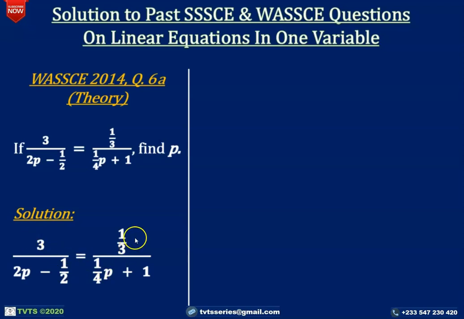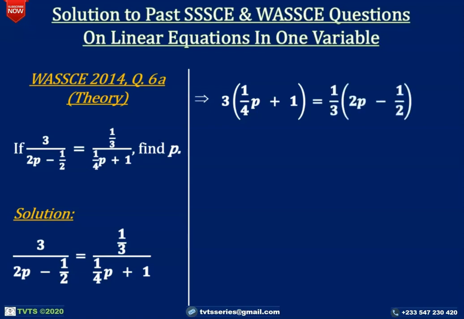Let's first cross multiply in order to get rid of these fractions. So we have 3 into bracket 1/4 of p plus 1 is equal to 1/3 into bracket 2p minus 1/2.